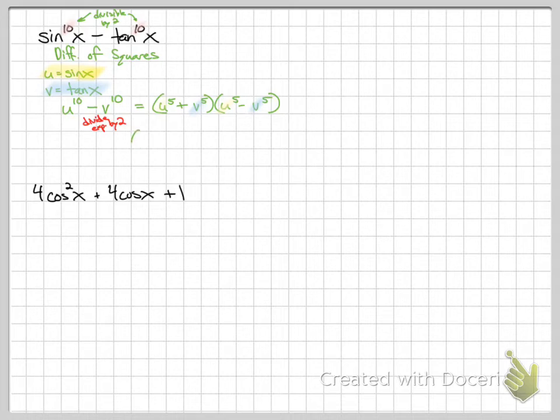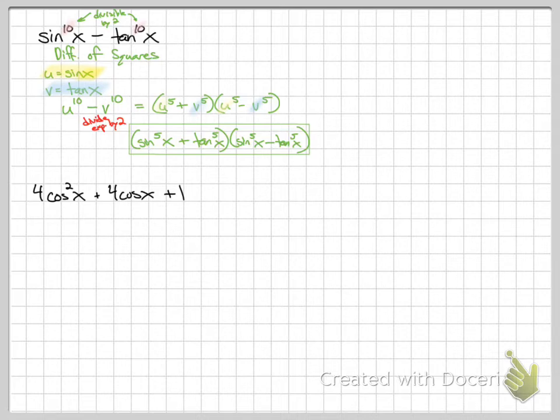So u to the 5th is really sine to the 5th x, plus v to the 5th is really tangent to the 5th x. Same thing over here, sine to the 5th x, but it's minus tangent to the 5th x. Some people don't need to do u substitution to get there, and that's perfectly fine. Next one.